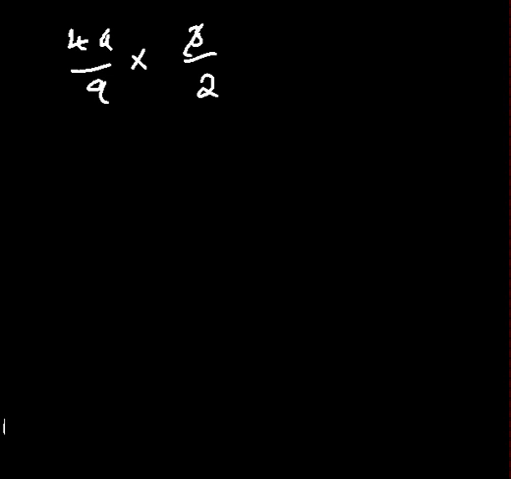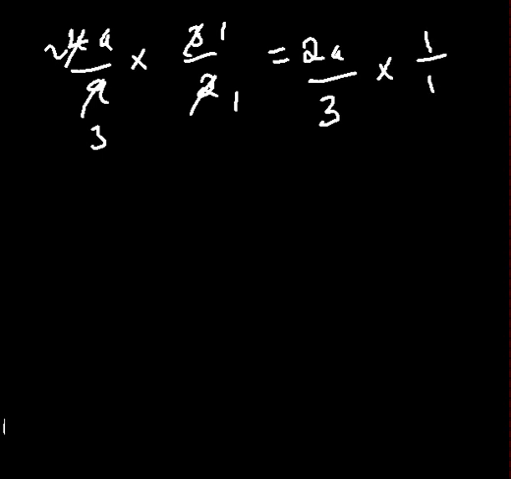In this case, we have 3 into 3, that is 1, into 9, that is 3, and 2 into 2, that is 1, into 4, that is 2. Now we have 2a divided by 3 times 1 over 1, which is the same as 2a divided by 3.